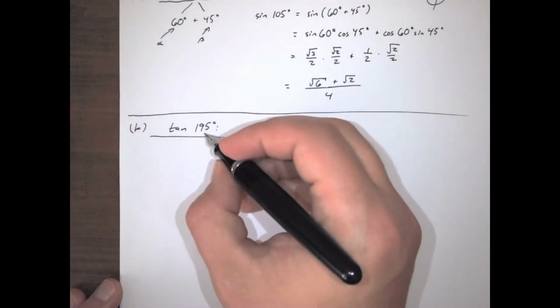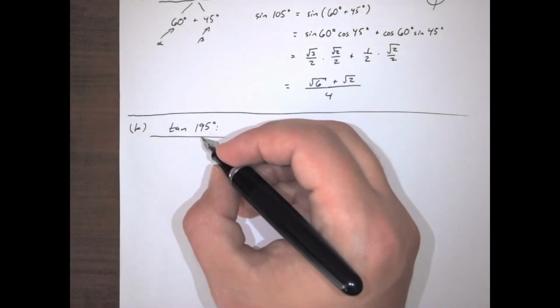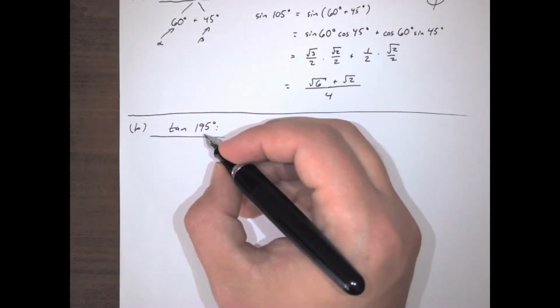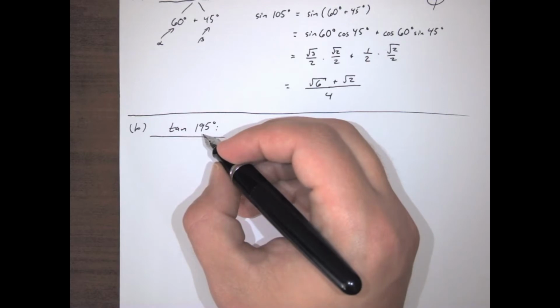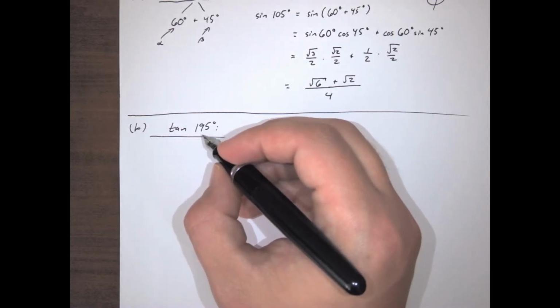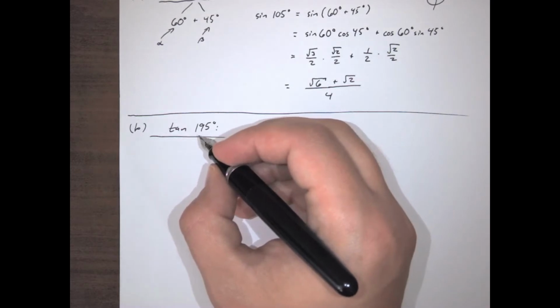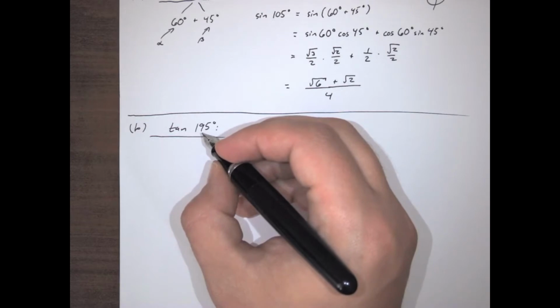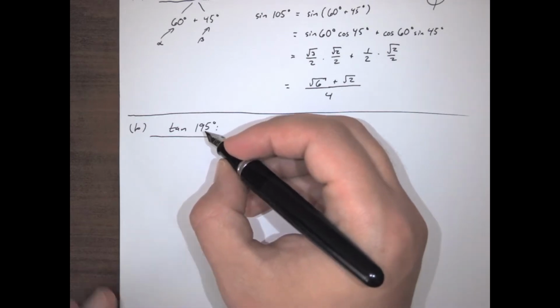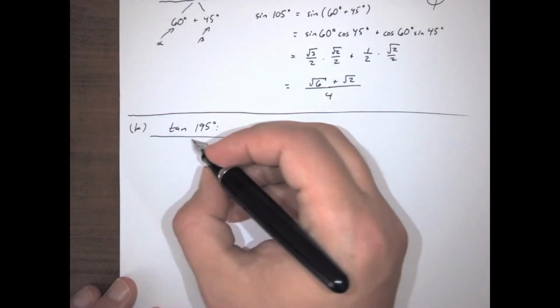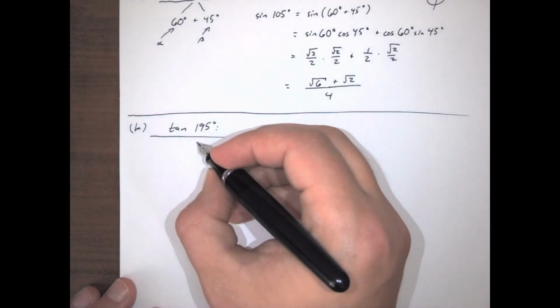So let's think about this. 195 degrees, there are different ways you can make it, but one way might be you think about known angles, and 135 is a known angle, plus 60 would make this. Another possibility would be 150, which is known, plus 45. So whatever one you come up with first is fine.